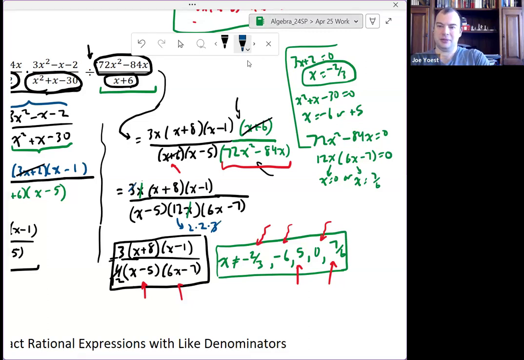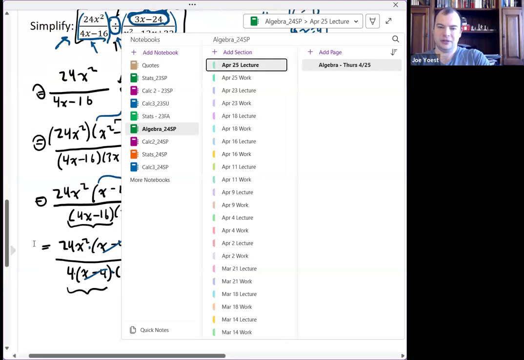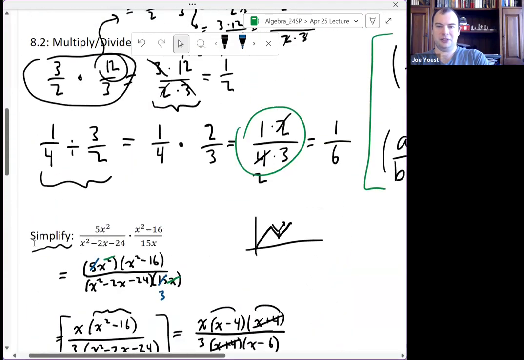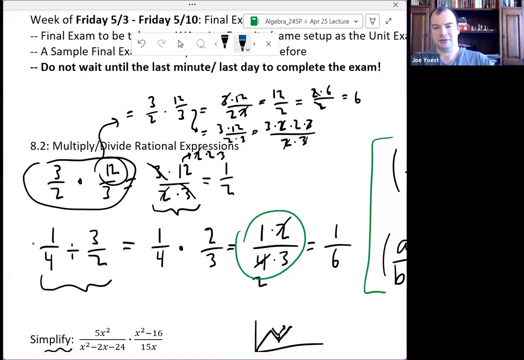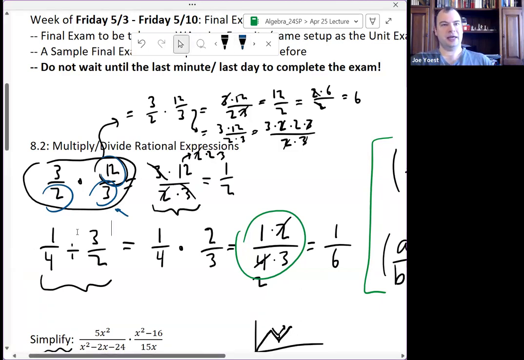That's a really good point: we're focusing so much on the quadratics that we might forget about the numerical part as well, which we want to factor and attempt to divide out any common factors there too.